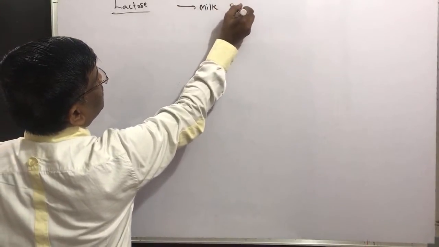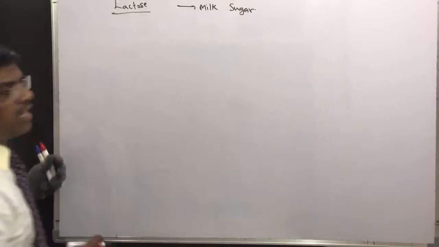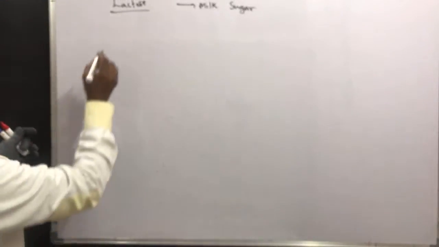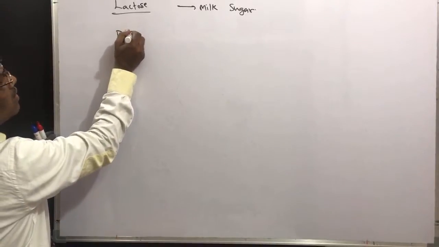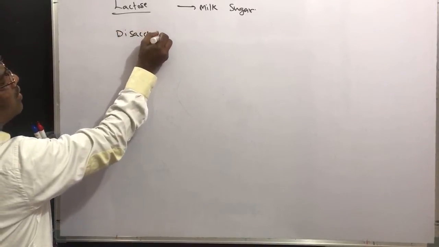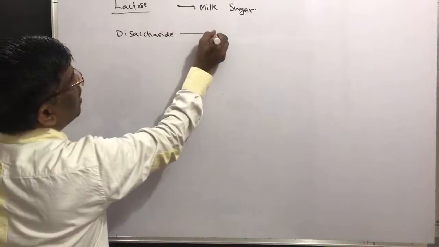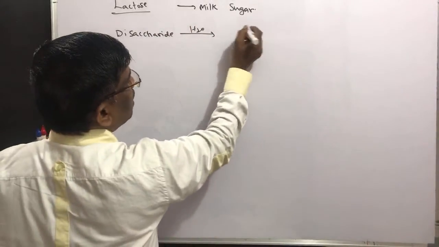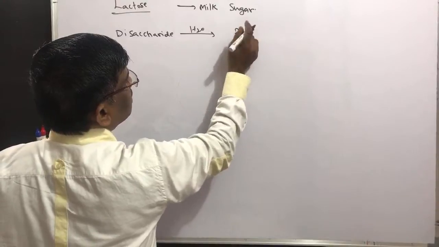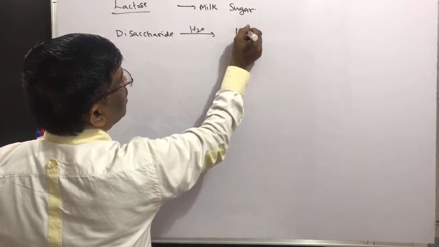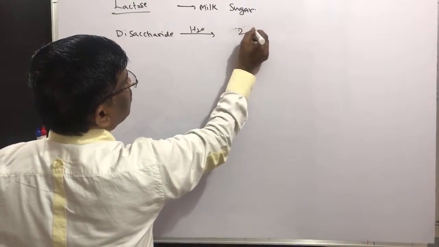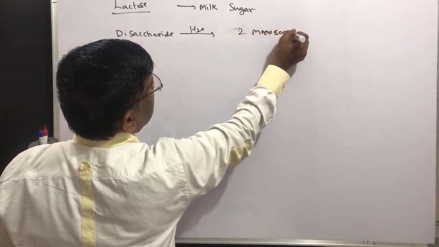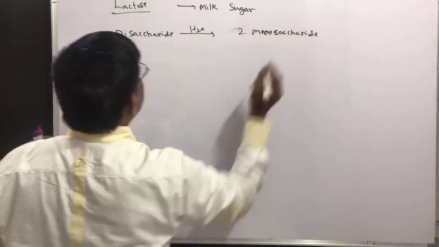Yes, students, milk sugar is a disaccharide. So upon hydrolysis, it should give 2 units of monosaccharides, same or different? Monosaccharides, yes, it is giving.